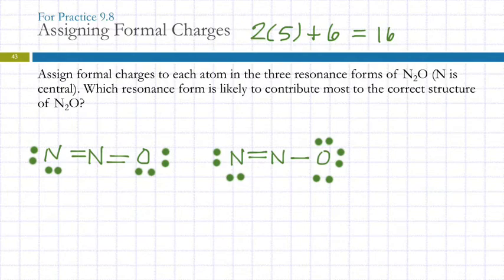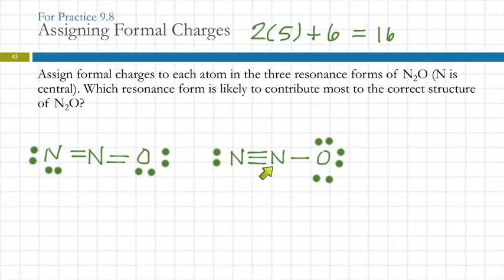That also works, right? So I'm going to take this lone pair and stick it in there. Do they each have octets? Yeah. Is this one different than that one? Yeah, because this one had 2 double bonds. This one has a triple and a single.